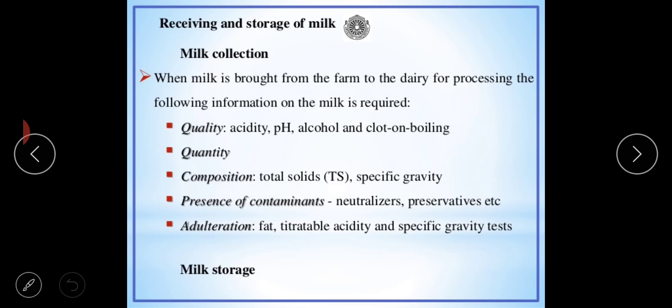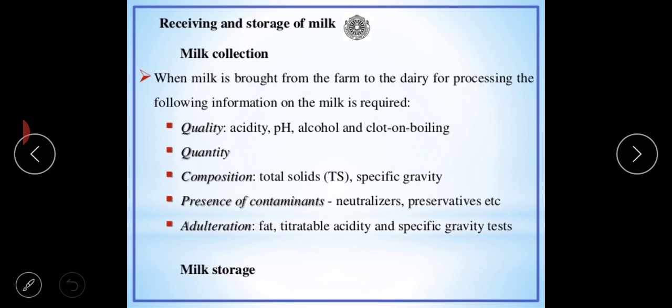When milk is brought from the farm to the dairy for processing, the following information on the milk is required. First one, quality, that is acidity, pH, alcohol, and clot on boiling test. And the quantity, so how much milk is collected has to be recorded.